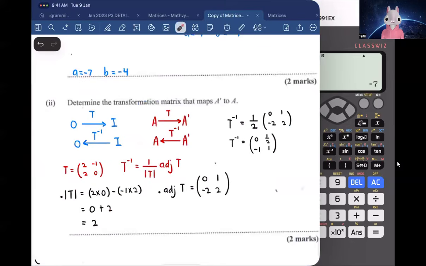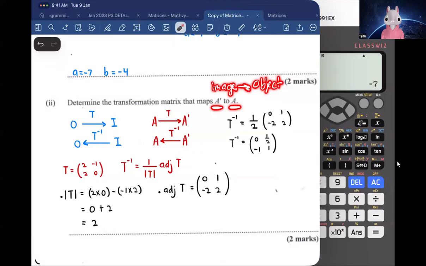All right. Yeah. They want us to map A prime onto A. So can we both agree that A prime is the image and A is the object? So in other words, how would you go from the image to the object?